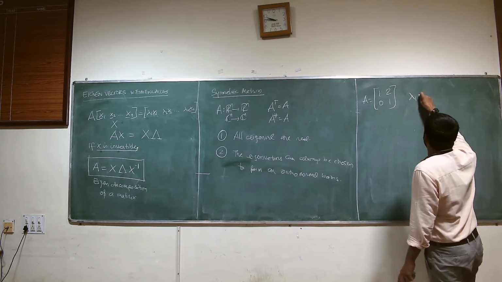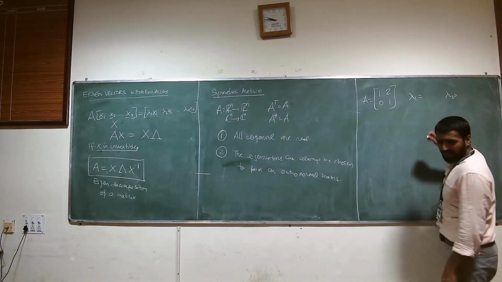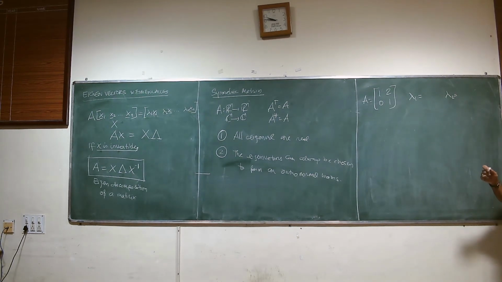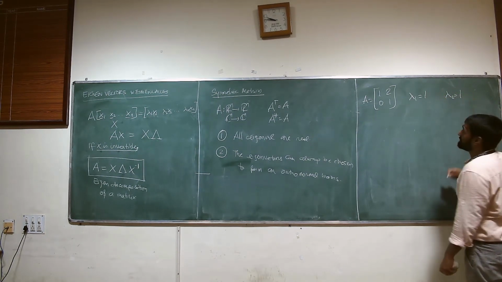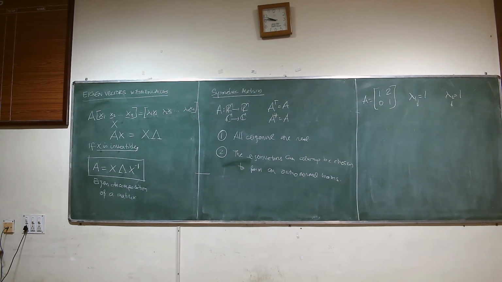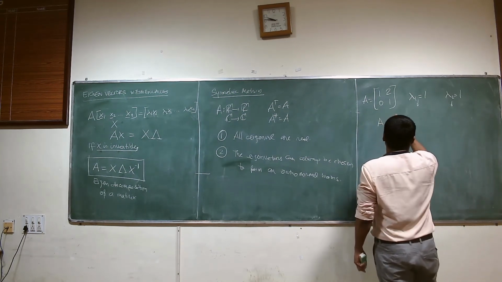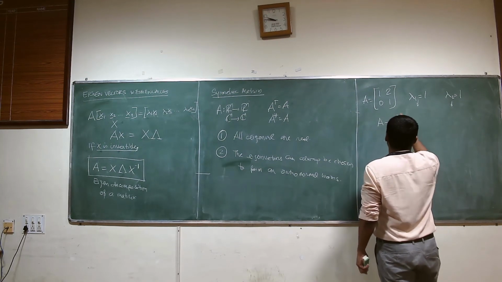Lambda 1 plus just 1, right? Both of them will be same. What are the corresponding eigenvectors? Okay, let's write that down. So you do that by first substituting lambda 1 is 1.